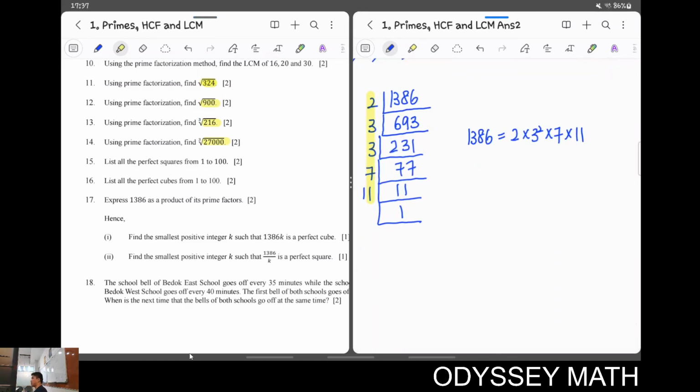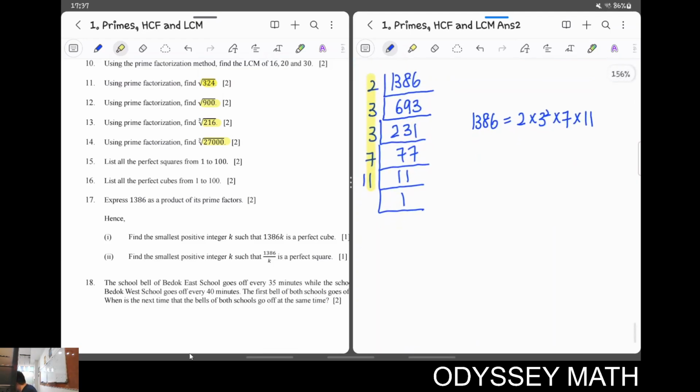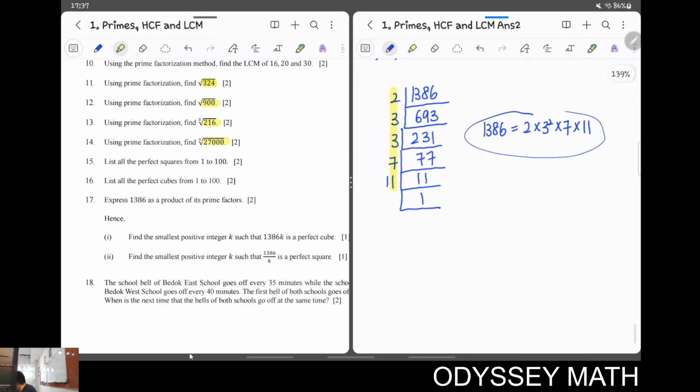Hence, find the smallest positive integer k such that 1386k, which means 1386 times k, is a perfect cube. So we know that 1386 is 2 times 3 squared times 7 times 11.